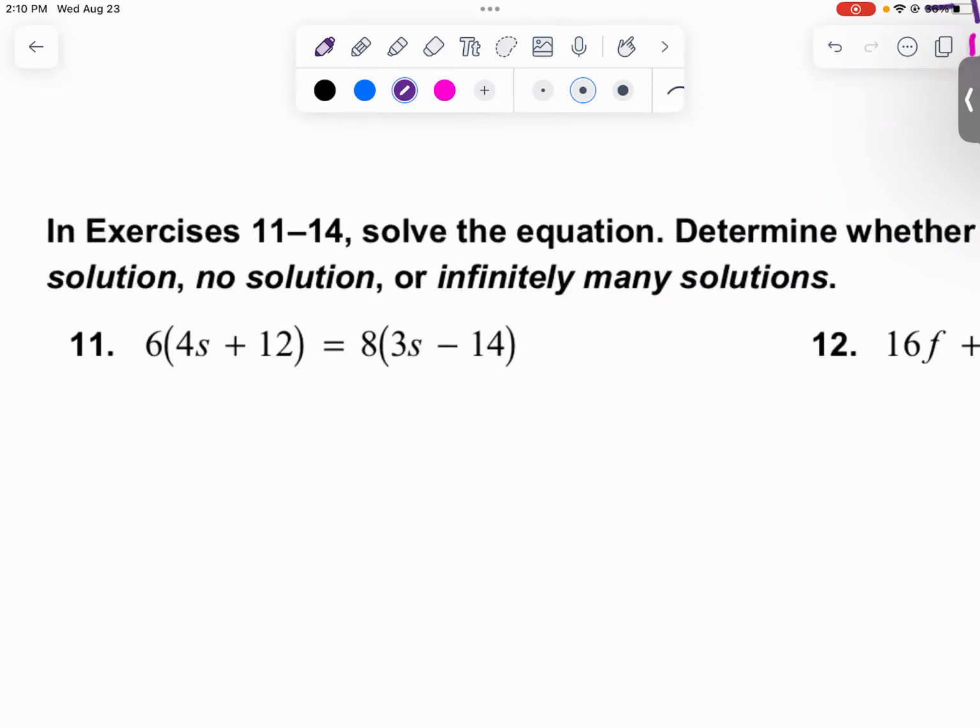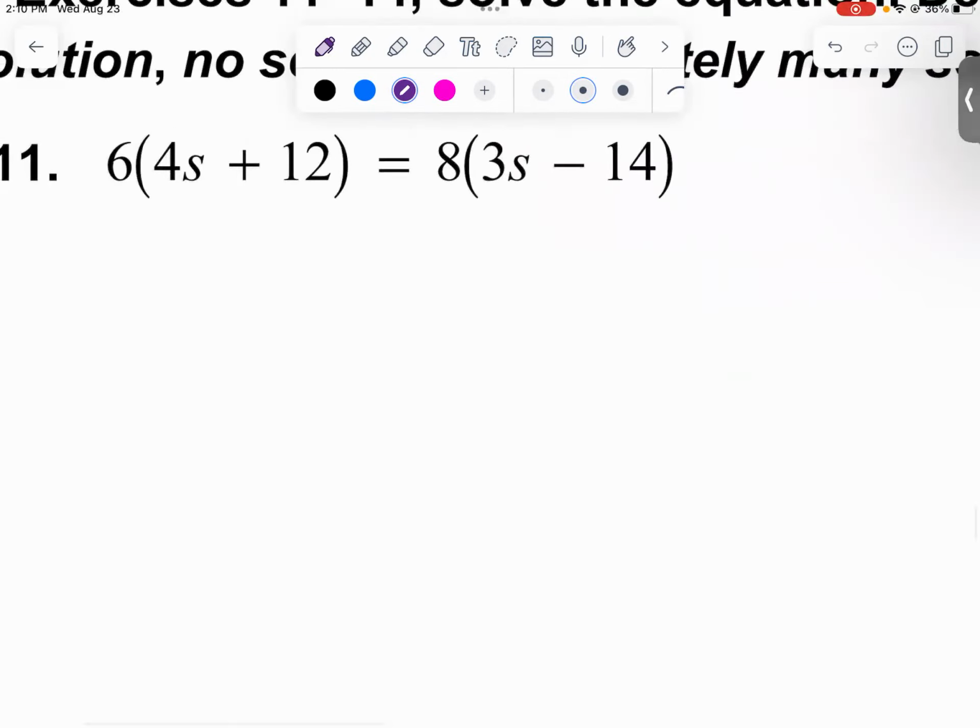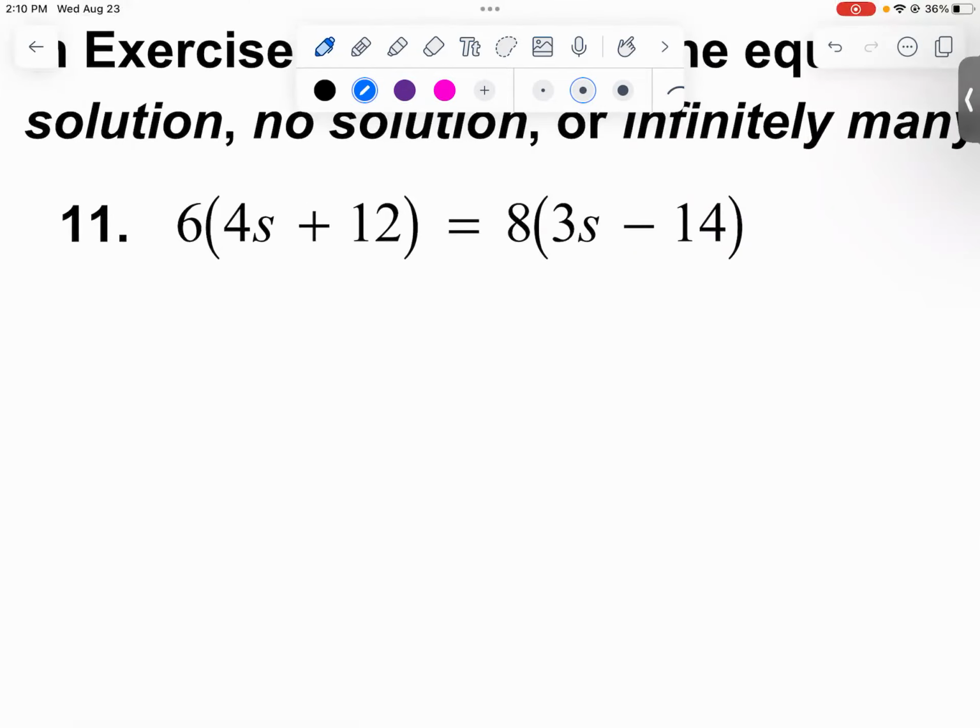All right, number 11. Kaylee, what do we need to do first in number 11? We need to distribute.